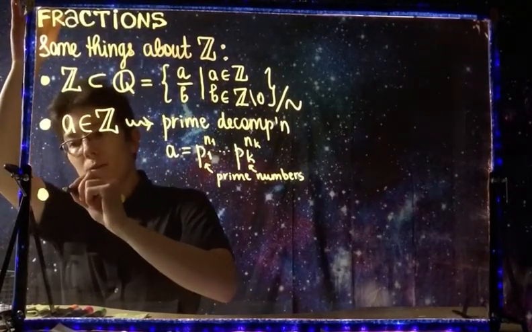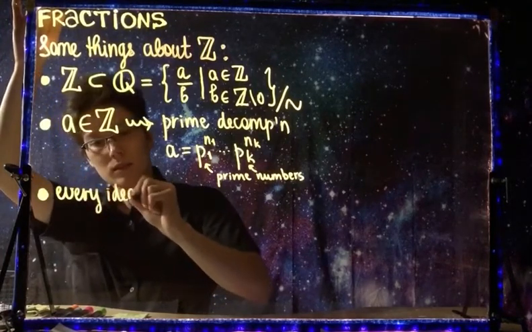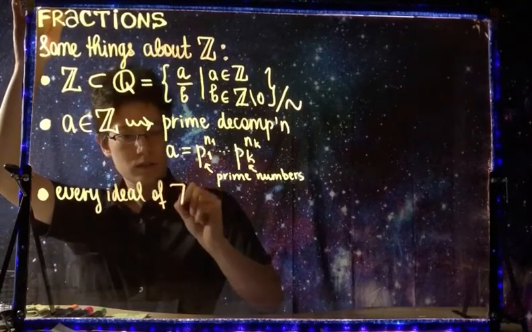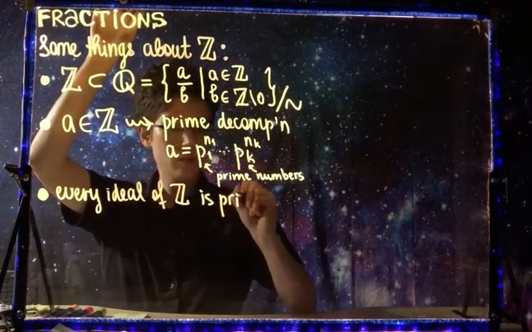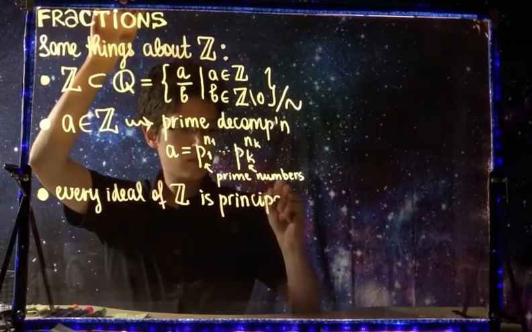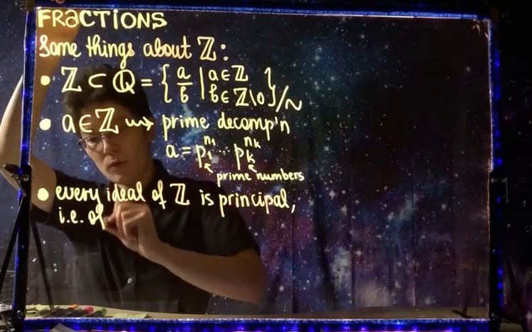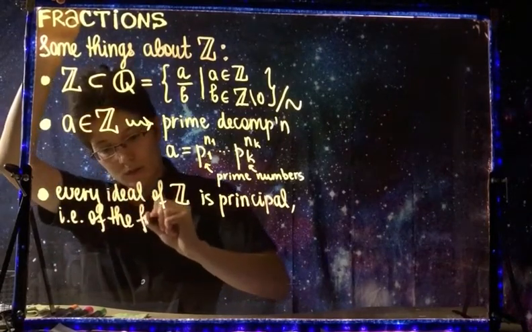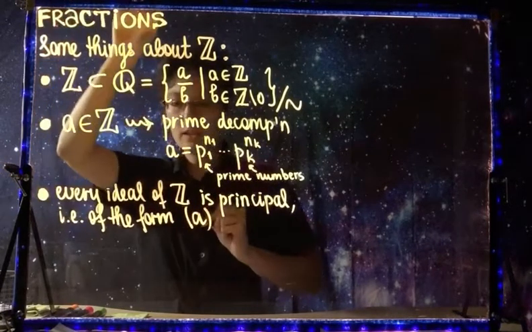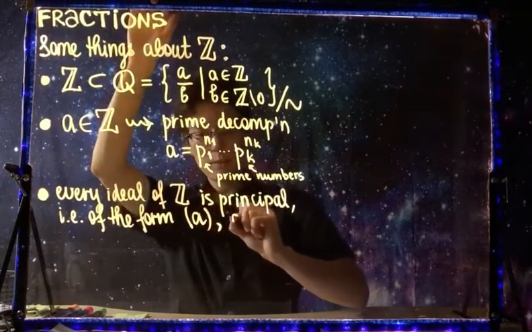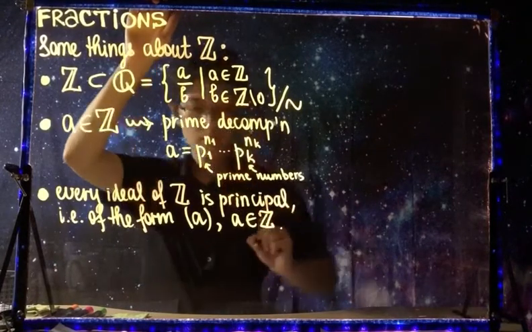We saw that every ideal of Z is principal, that is of the form brackets A for some element A in Z. So we have an ideal generated by one element.